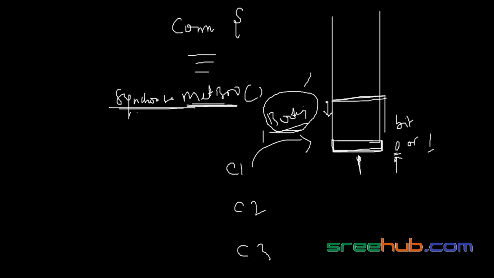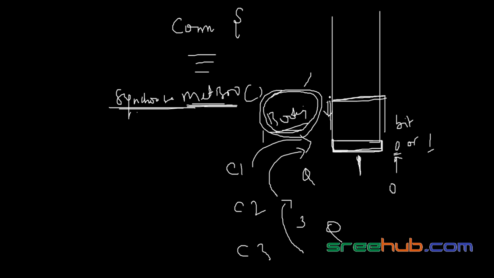Now C1 is processing, and immediately when C2 comes up and tries to access this booking method, this method is locked, it is 1 now. Until it gets freed or unlocked, C2 will be in a queue. In the same way, when C3 comes up, the third request, again it will be in a queue.